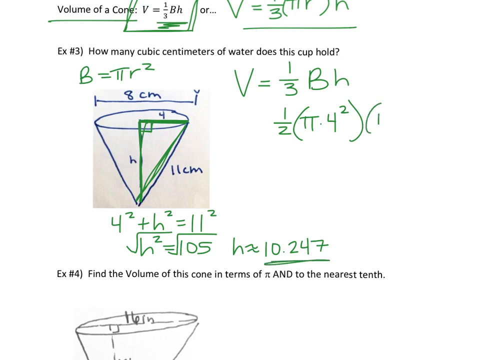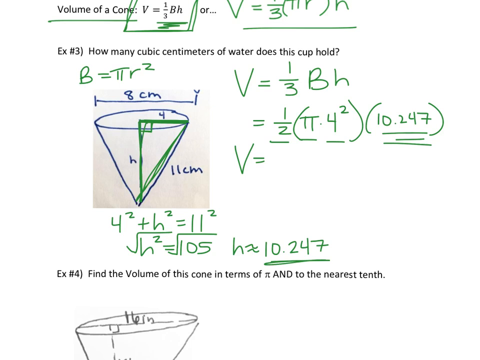That's 10.247. Okay, and now here's the deal. There's no point in leaving pi in a problem that already has rounded numbers going on. So you can just plug this in, literally plug in every piece of it.